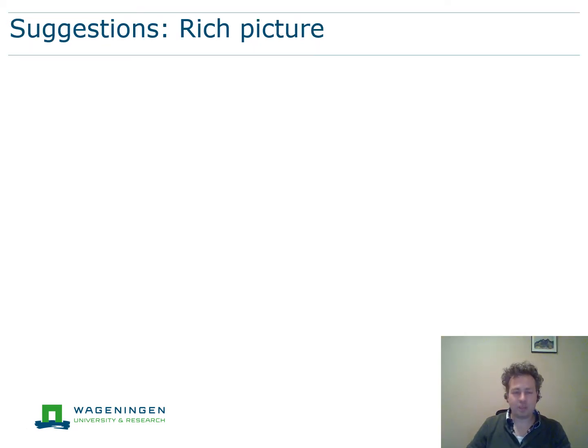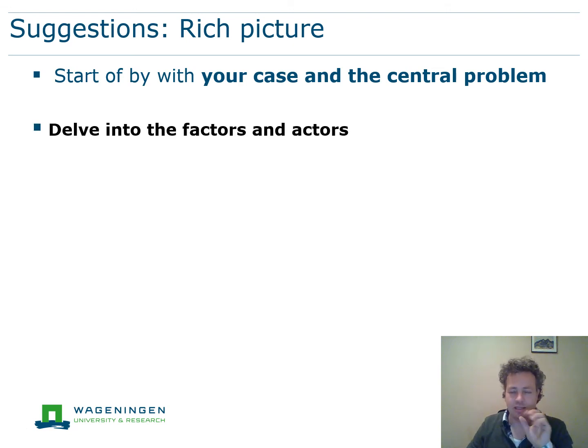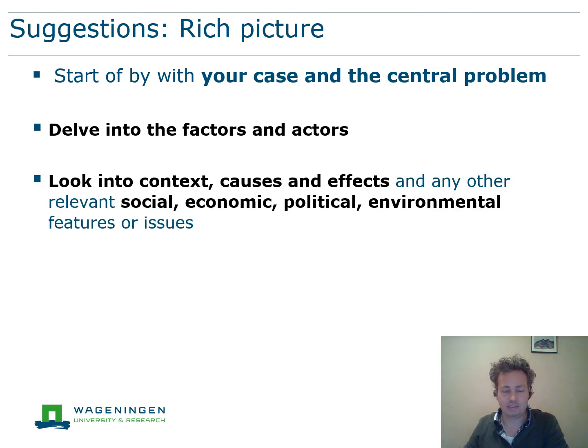So by means of summarizing, what would you exactly be doing to make your rich picture? In the middle of your Jamboard, at the center, you start off with your case and the central issue, the central problem that you're looking at. Then around that, you start adding the factors that are influencing your case, the actors that are involved in your case.